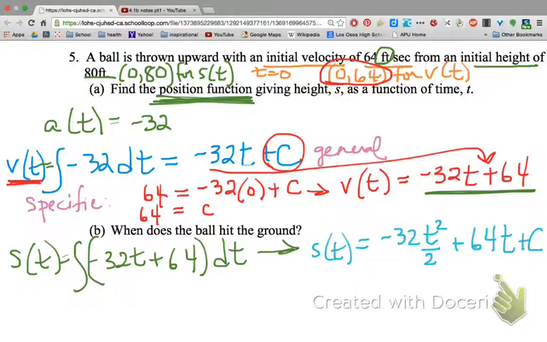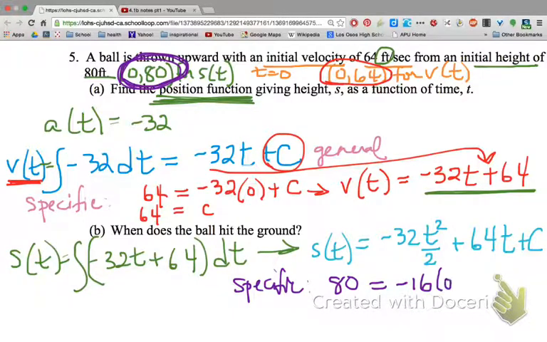So if I want the specific one, I go back to, oh yeah, I knew something about the s of t. I knew when it was 80, we'll reduce this to negative 16, and t was 0, so plus 64 times 0 plus c, which means c is 80.